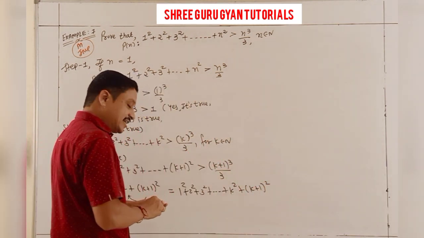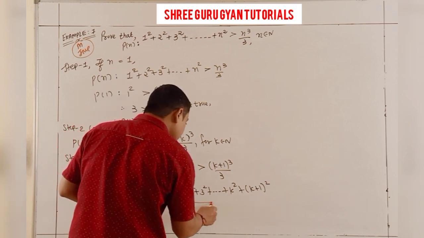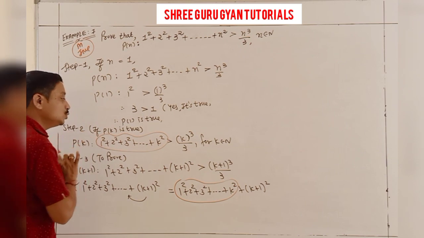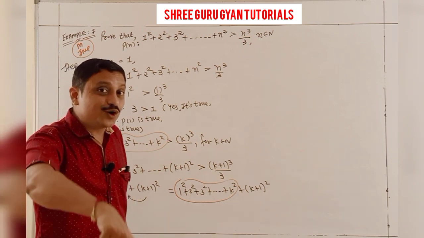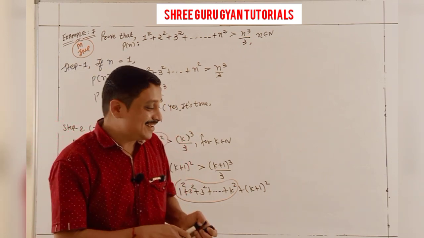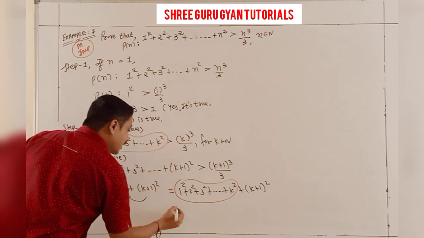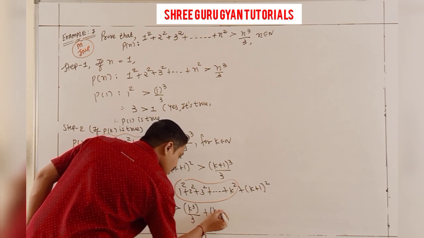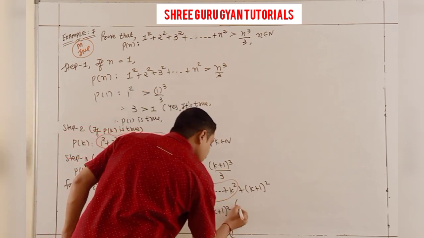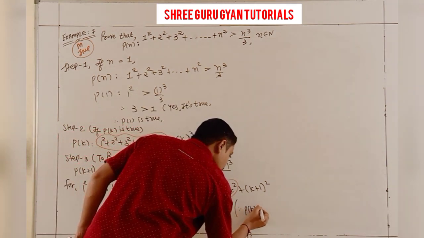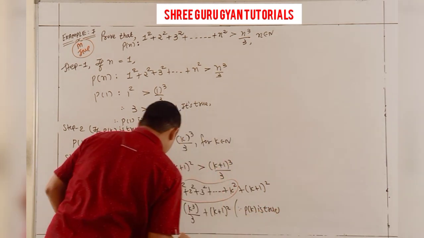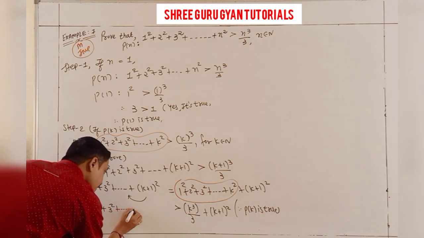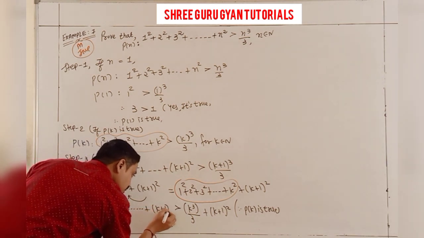This value I highlight again for you. That is your step number 2. You also highlight it in your notebook for better understanding. And that value is what? Greater than k cube by 3. Here it is written because Pk is true.